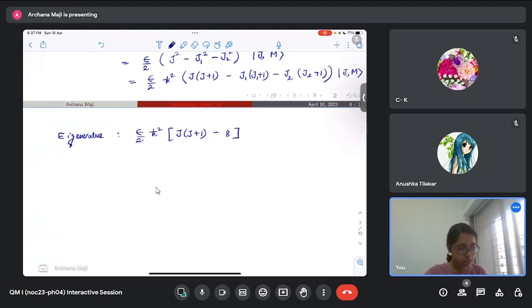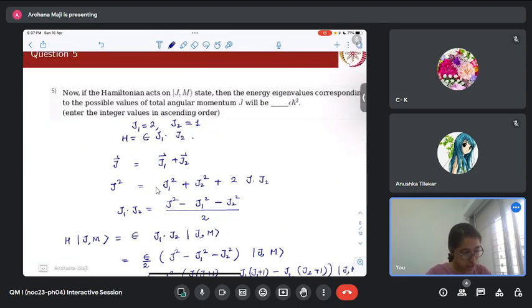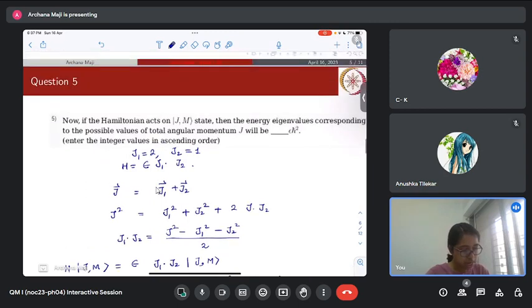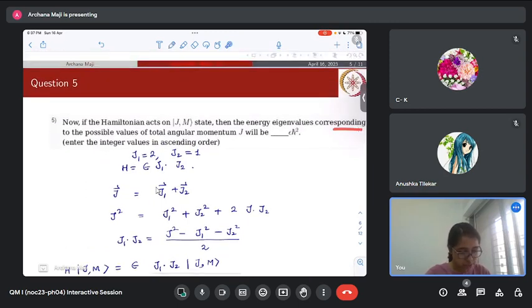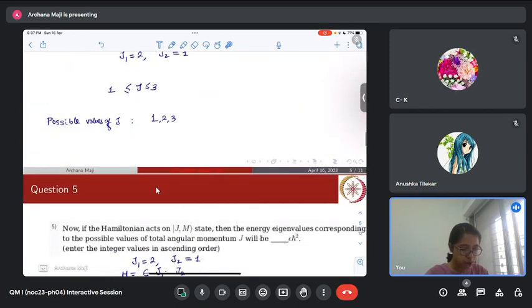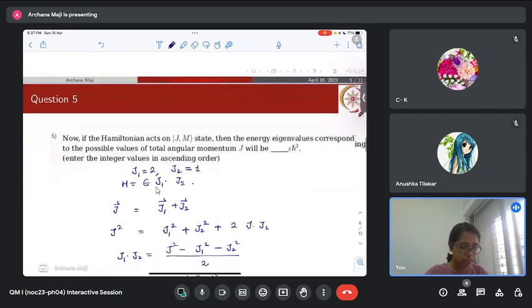Now the question is asking for the energy eigenvalues corresponding to the possible values of the total angular momentum J. Total angular momentum takes values 1, 2 and 3, so you will have 3 corresponding eigenvalues.